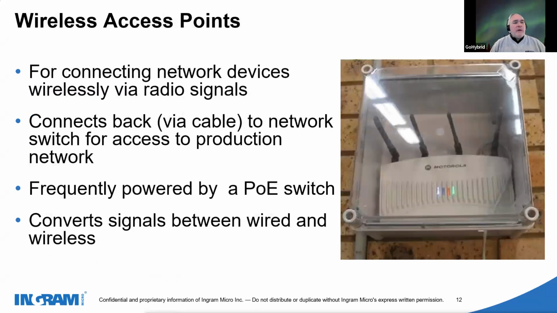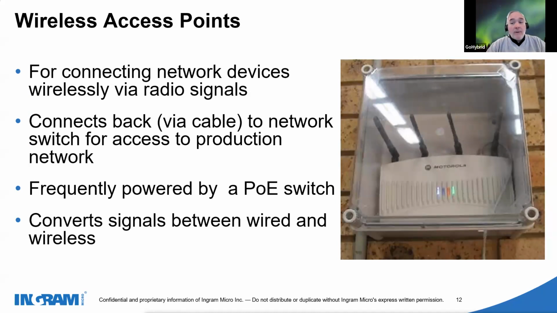When we were talking about power over Ethernet, I mentioned wireless access points as well. Wireless access points are for connecting network devices wirelessly via radio signals. They connect back to a network switch via a regular Ethernet cable. So even though they are wireless access points, they are cabled devices because they need to connect back via cable to an existing network somewhere.